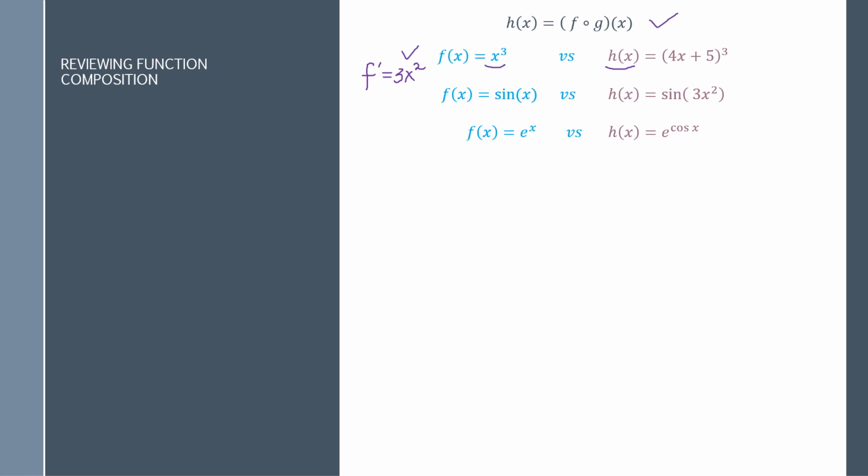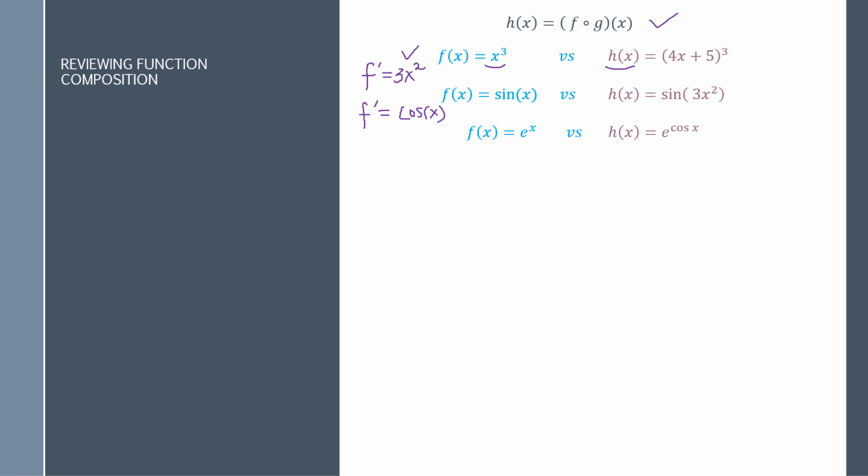All right, let's take a look at the second pair. Here we have f of x equals sine of x. So the argument of this trig function is just x. And we know how to compute this derivative. So f prime for the second f of x function would be just cosine of x.